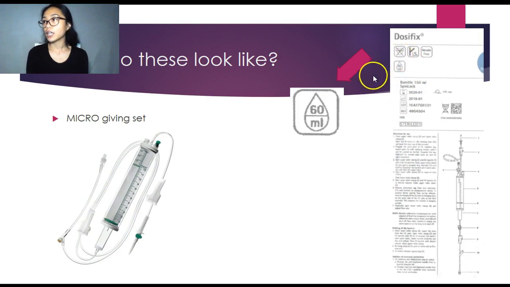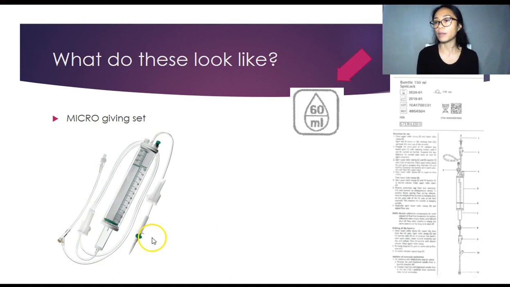It will have an icon which says 60 drops per 1 ml, and so that'll tell you that it's a micro giving set. It's got a 150 ml sized burette, and the expiry date is next to the hourglass. And then it's also got some indicators for how to prime this line, but it's quite similar to a macro set.